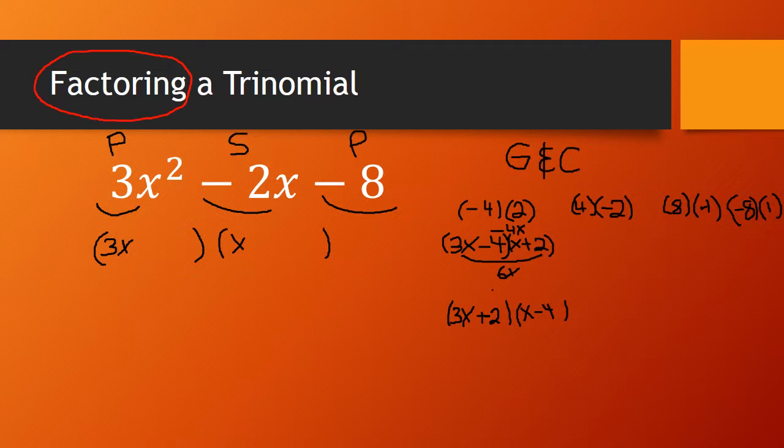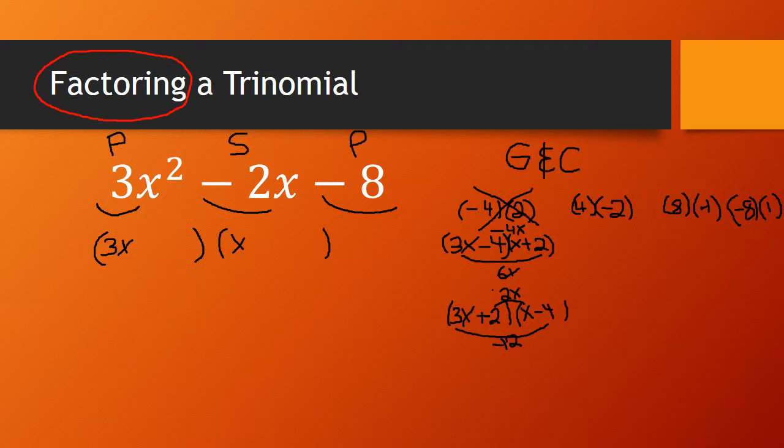Multiplying the inner terms will give me 2 times x, which is 2x. Multiplying the outer terms, I'm going to have 3 times -4, which is -12. Now, the number in the middle is supposed to be the sum of these two products. 2 plus -12 is -10, which does not give me -2. So this combination of factors is not going to work for me here.